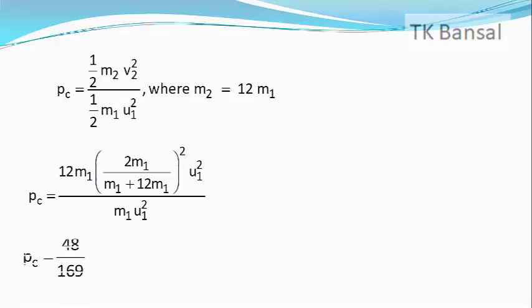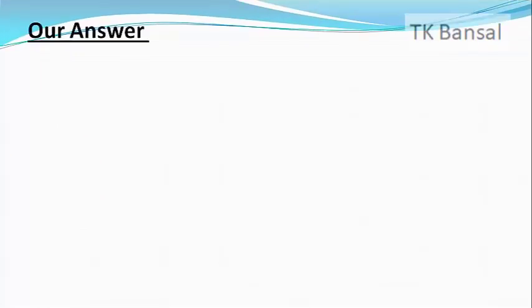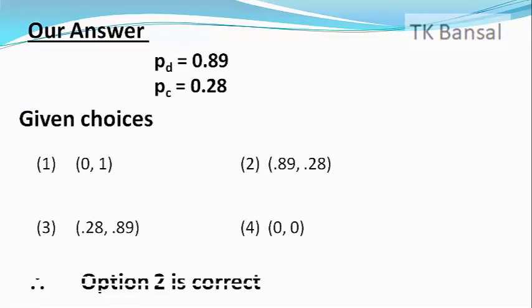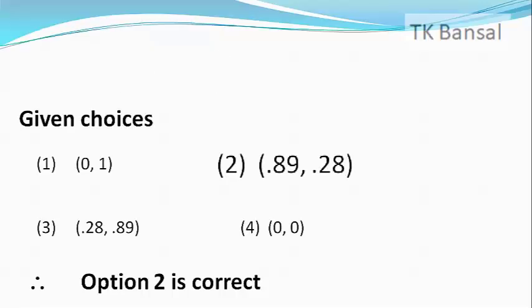On simplification, we get 48 divided by 169, or Pc is equal to 0.28. So my values are 0.89 and 0.28, which matches with the second choice, and hence my second choice is the correct answer. Let's go to the next question.